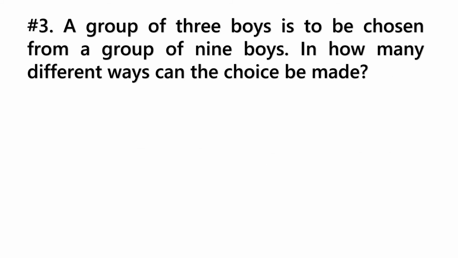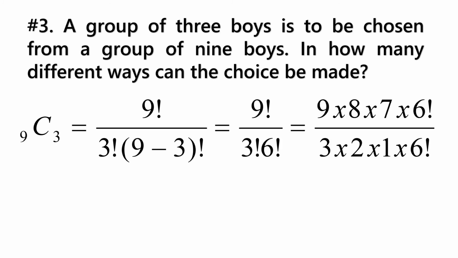Problem number 3. A group of 3 boys is to be chosen from a group of 9 boys. In how many different ways can the choice be made? Now, since meron tayong 3 boys na kailangan, or mamimili tayo ng 3 boys from the 9 boys that we have, ang formula lang natin dito is combination of 9 objects taken 3 at a time.